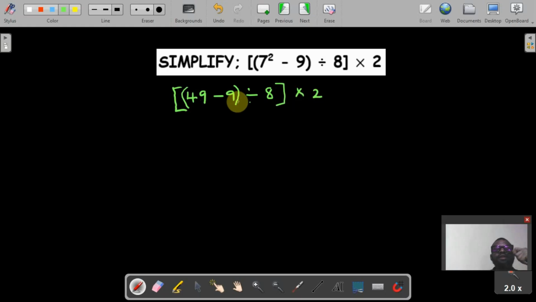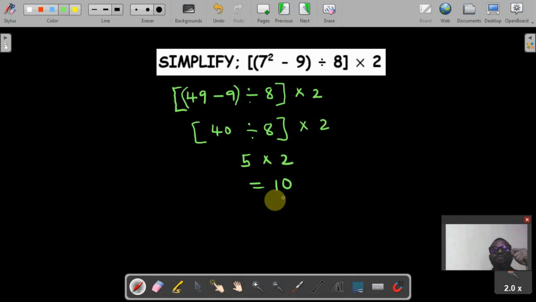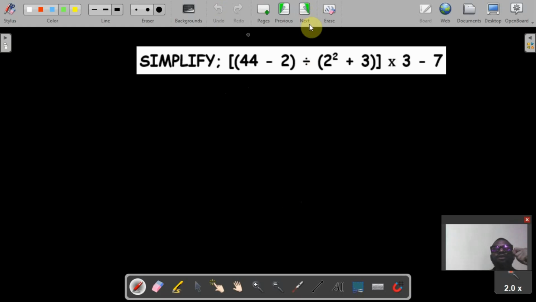Now 49 minus 9 will give me 40. 40 divided by 8, then the bigger bracket will close, then multiply by 2. Now 40 divided by 8 will give me 5. Then 5 multiplied by 2, my answer becomes what? 10.